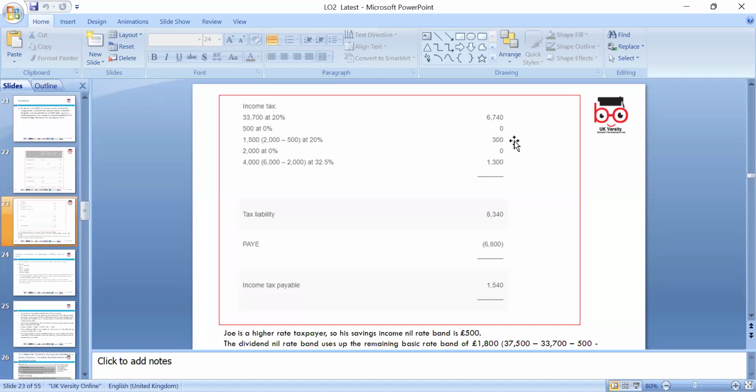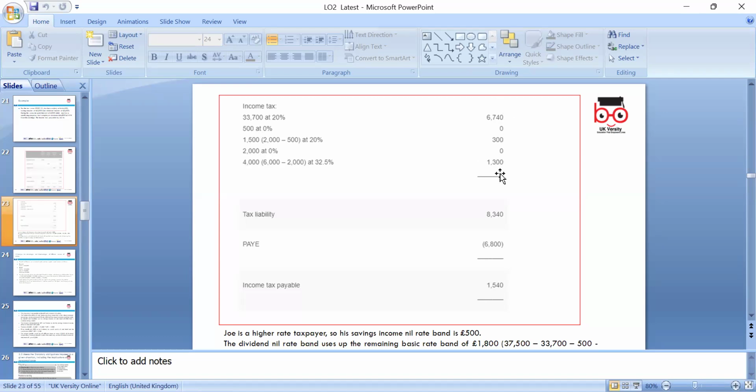We have the first 500, because for the basic taxpayer the first 500 of saving income is exempt, and the remaining of the 2,000 will be taxed at 20%. And then on dividend, the first 2,000 is exempt, and for the remaining, because the income in this case is higher, the rate is 32.5% and we'll charge that.